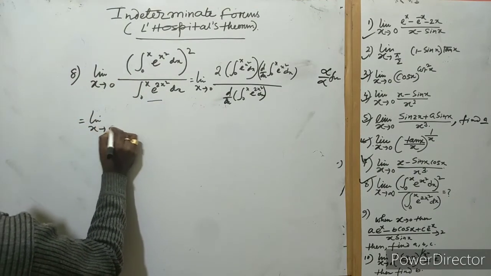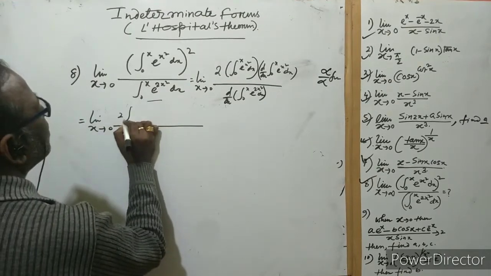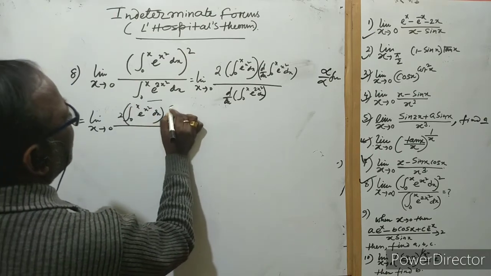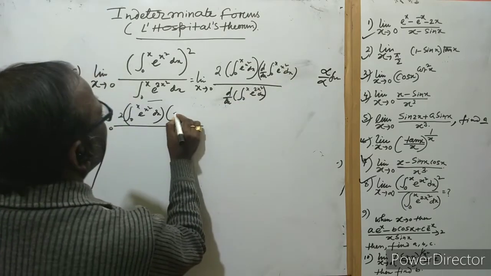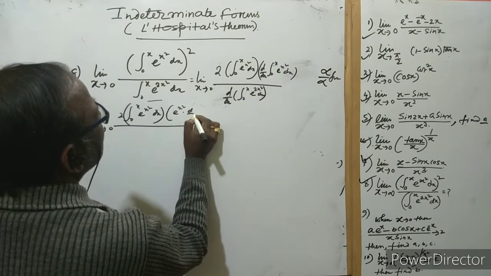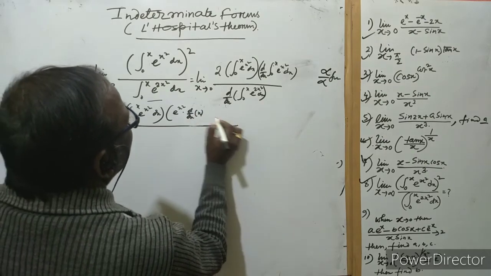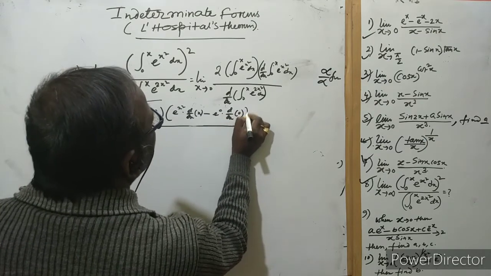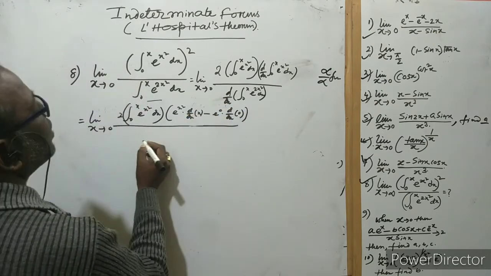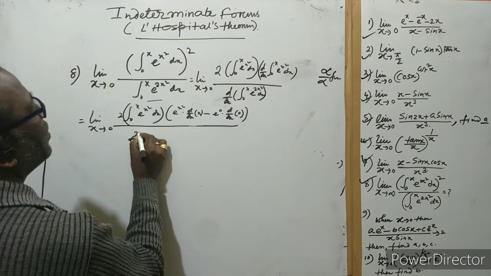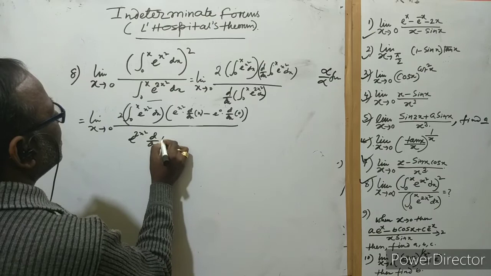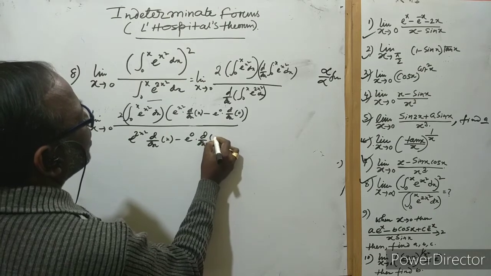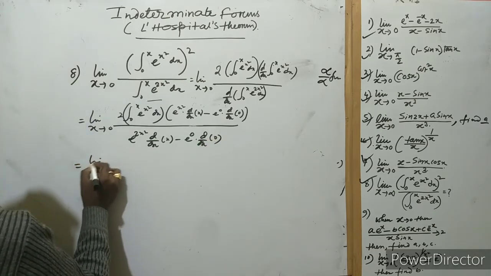See the rule here: put the upper limit and differentiate d/dx of x, then put the lower limit, e to the power 0, and d/dx of this is 0. The same on the divided part: e to the power twice x square, d/dx of x here, then e to the power 0, again d/dx of the lower limit. This is the rule.